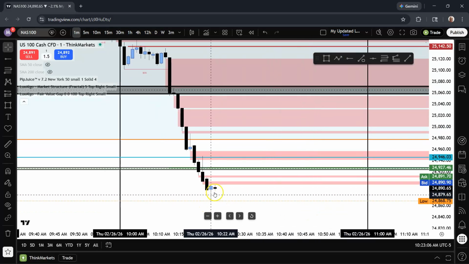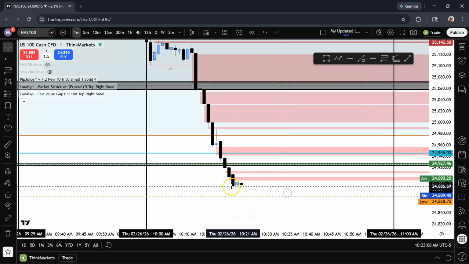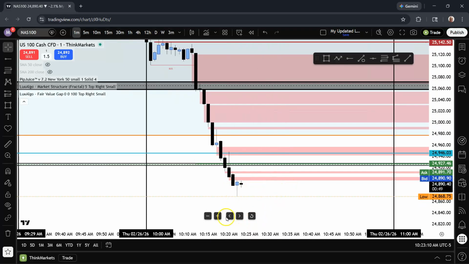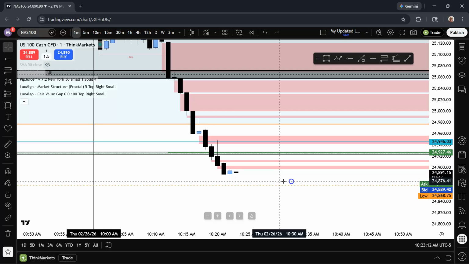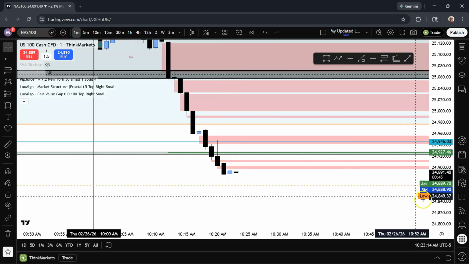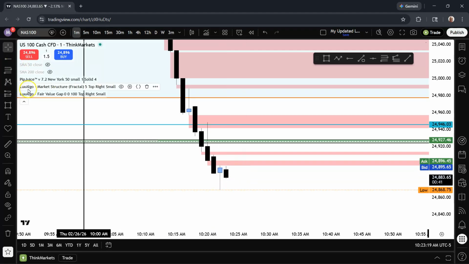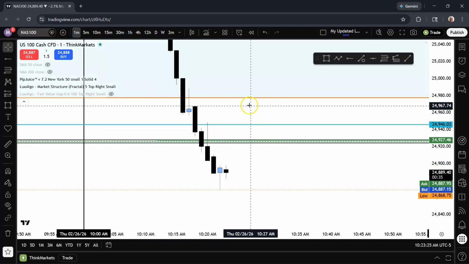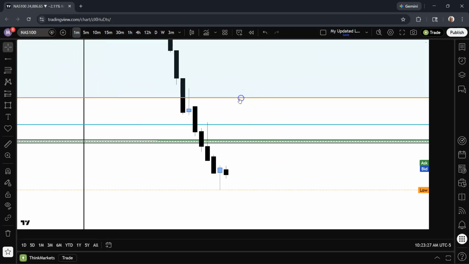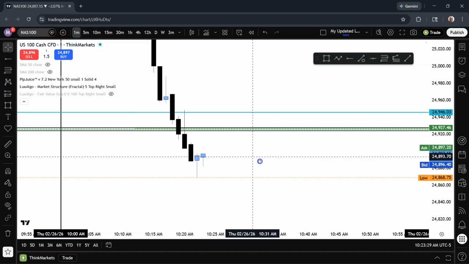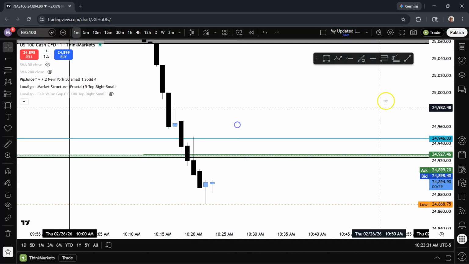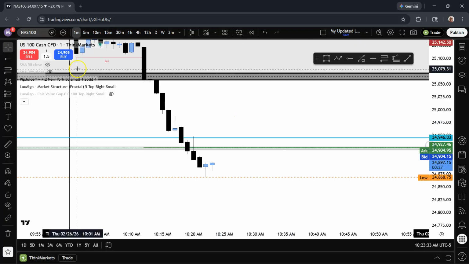So here's a candle that's telling me that the market's going to reverse. Okay, so let me take off the fair value gaps. Okay, so where would be the market structure shifts?